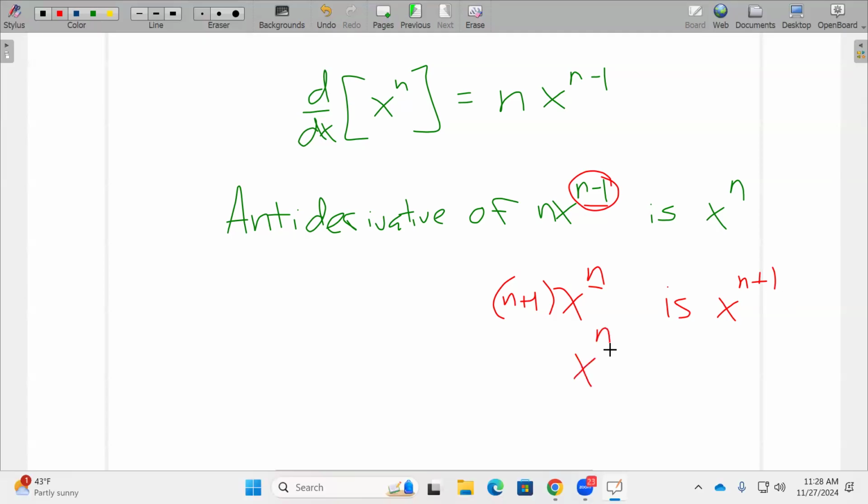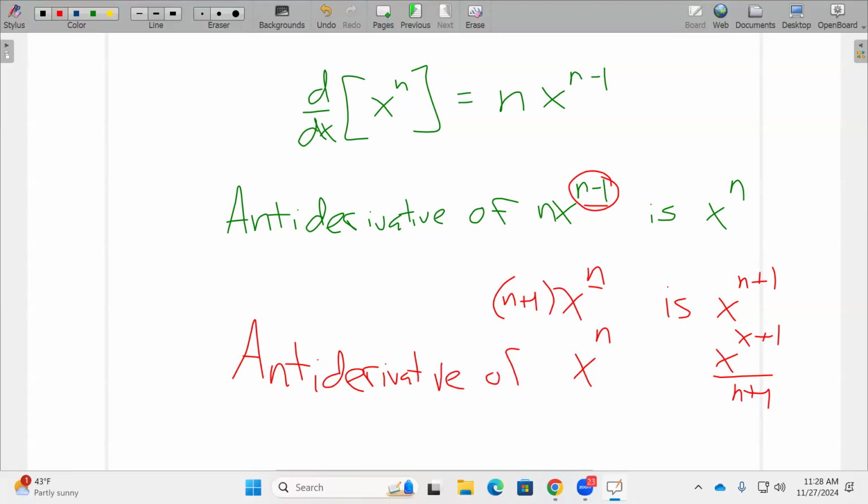So now I have the antiderivative: the antiderivative of x to the n is x to the n plus 1 over n plus 1.